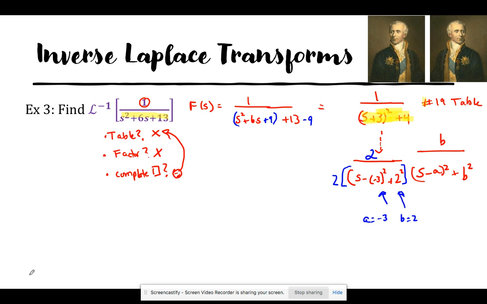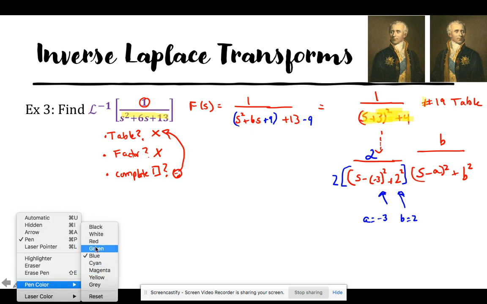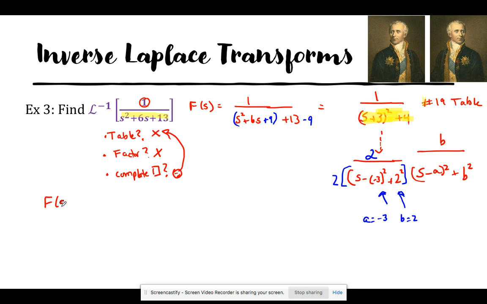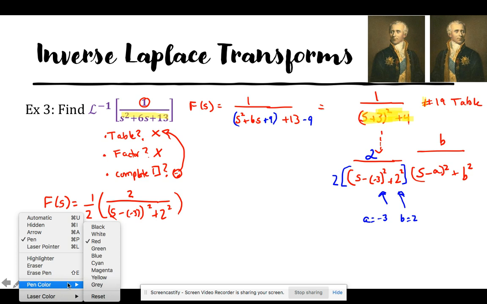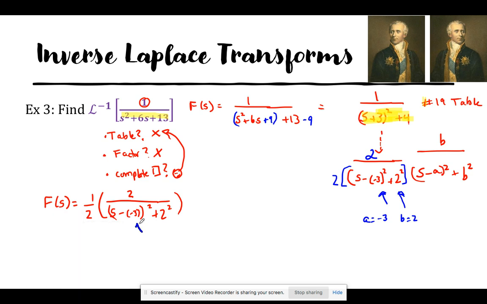So, look at what I'm going to do over here. I am going to write F of s as 1/2 times 2 over s minus -3 squared plus 2 squared. And now again, here's my a equals -3, b equals 2.